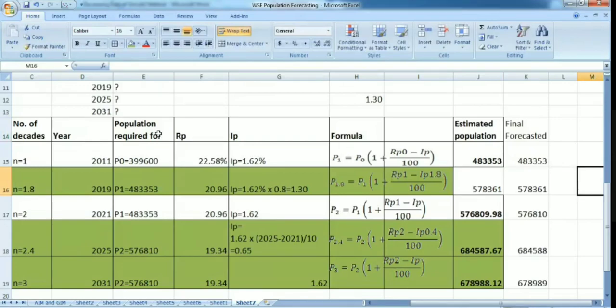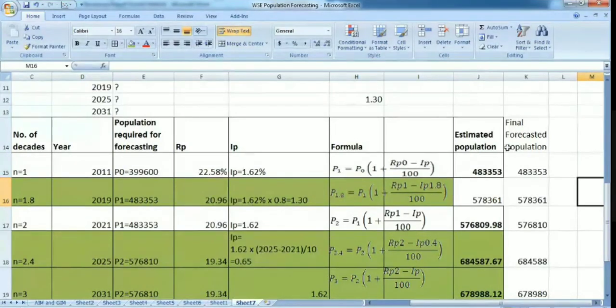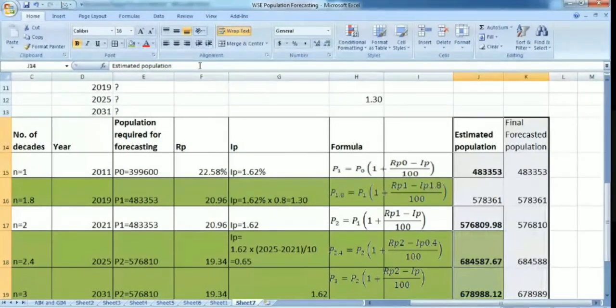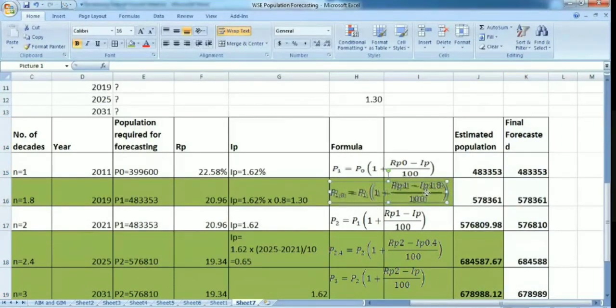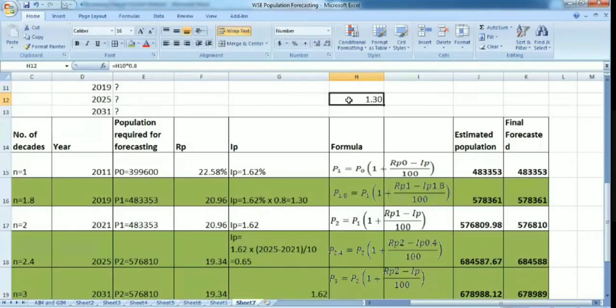I just ensured that the population is in whole numbers, not in terms of decimal places. Now you are free to take the screenshot.